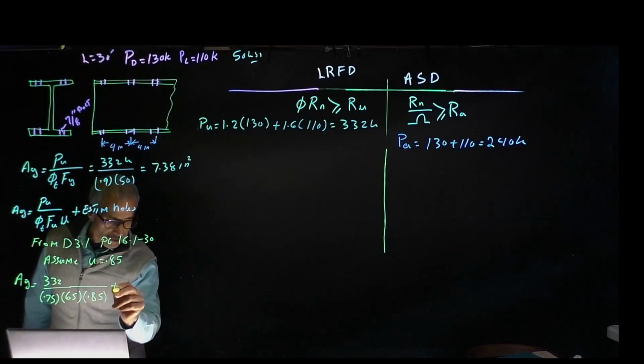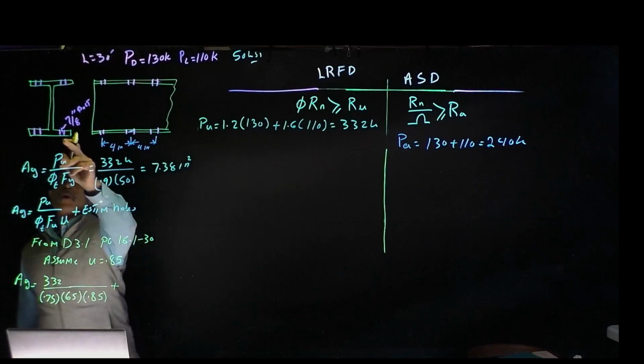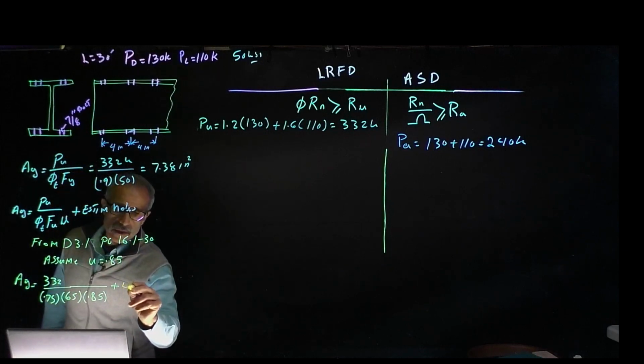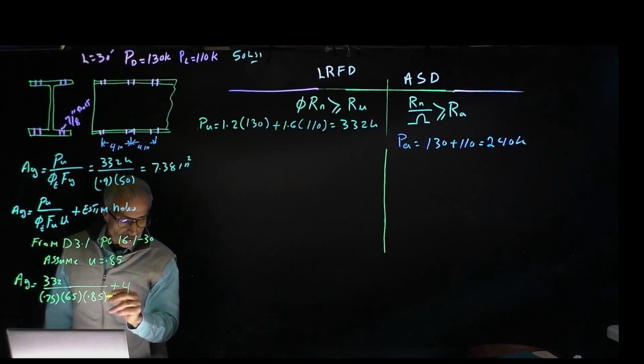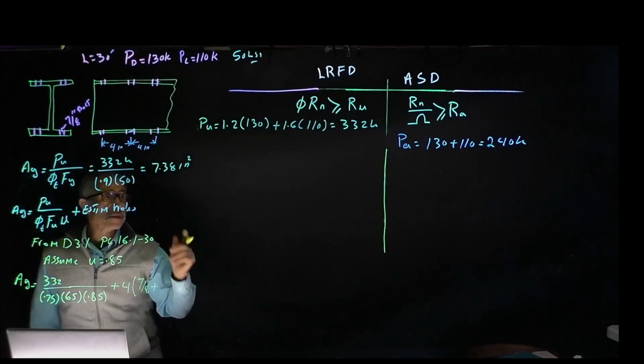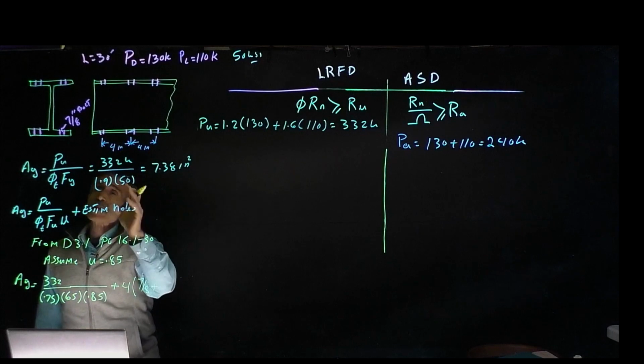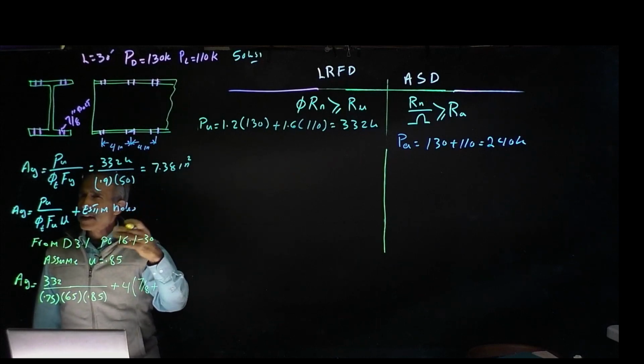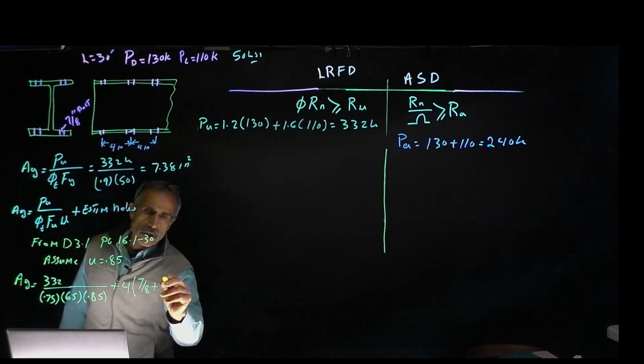And then plus, we have 1, 2, 3, 4 bolts, and they're 7/8 diameter. The AISC says for a bolt hole in steel, you add 1/16. In timber, it used to be 1/8. So we're going to go 1/16.